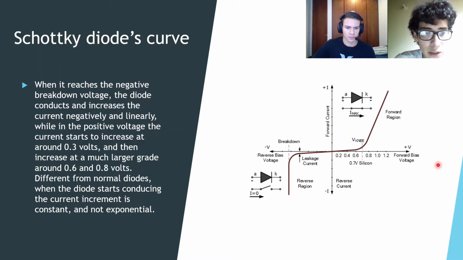When the diode starts conducting, the current increment is linear and not exponential.